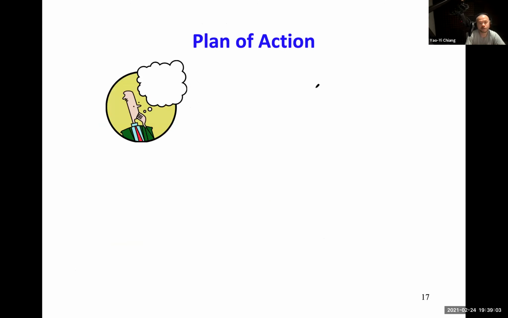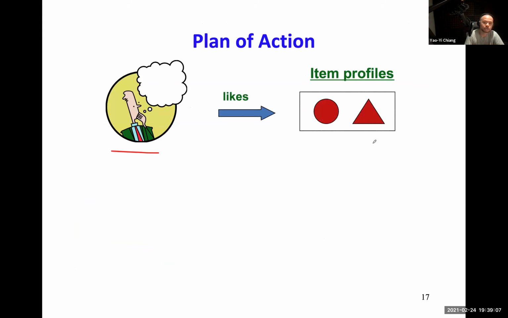So what's our plan of action? You have a customer, this customer likes some items, and you have some way to describe the items, right? Look at these item profiles here. What are the things that we can use to describe these two items? Well, color, red, and what? Shape, right? A circle and a triangle.